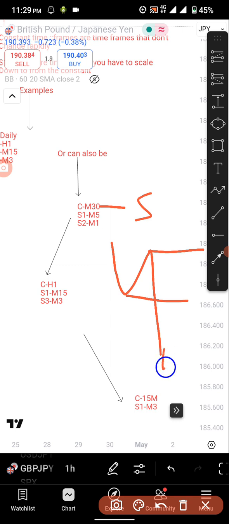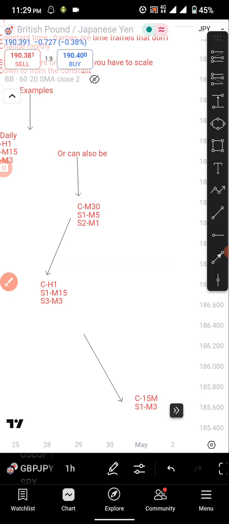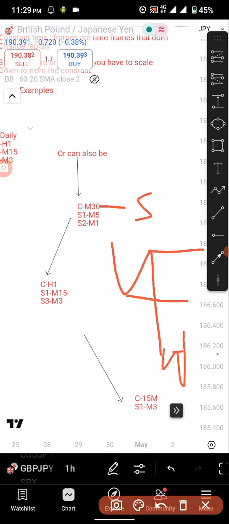We have to get that shift of M5, after which we shall come back here for the buys to this side, then we sell. So let us see.